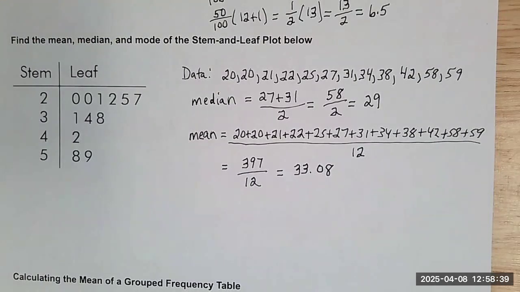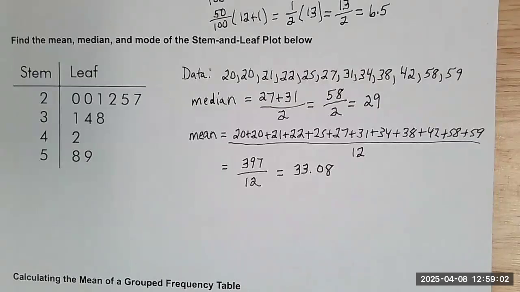I went out to 2 decimal places like that. If she's going to give you answer choices, she's probably going to give you 1 decimal place, because she said go 1 more decimal place than the number of decimal places that are actually in the values, right? So the values themselves don't have any decimal places, so 1 more decimal place would be 1 decimal. So we would take this 8 and we would round up.